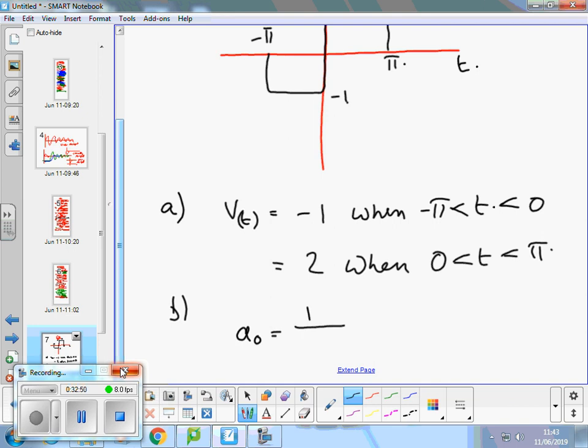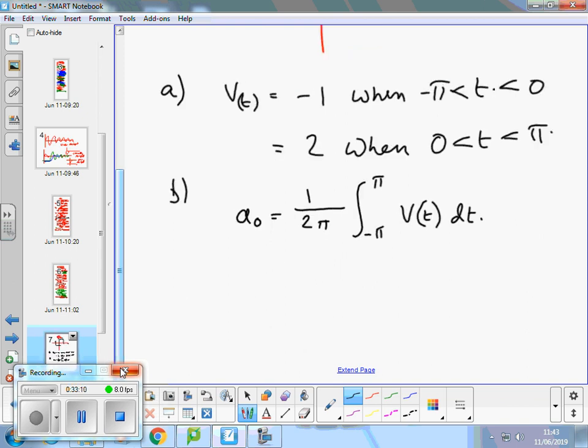A0 is 1 over 2 pi times the integral between pi and minus pi of v(t) dt. That's the formula that you are given.